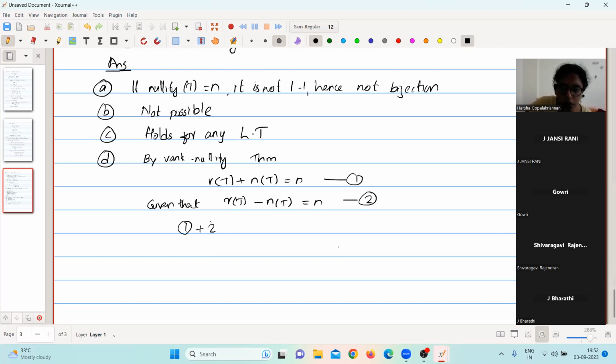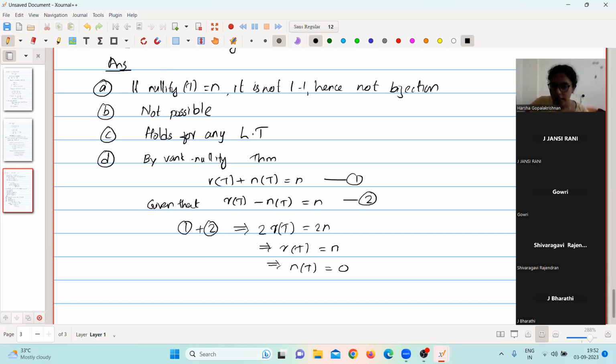So 1 plus 2 implies 2 times rank of T equals 2N, and rank of T equals N. So rank of T equals N means from here we will get nullity of T equals 0.